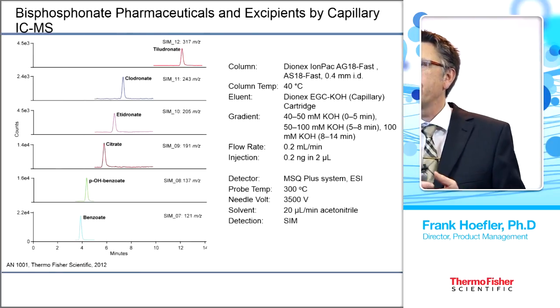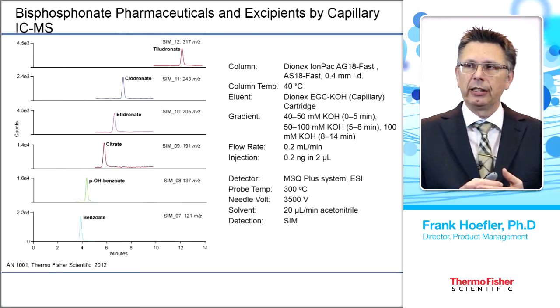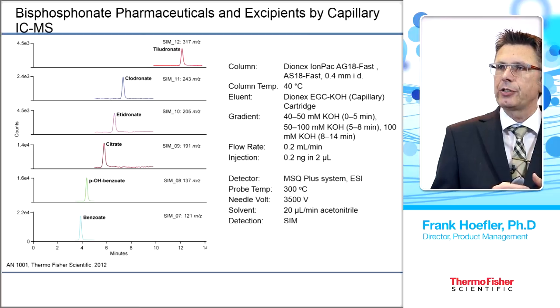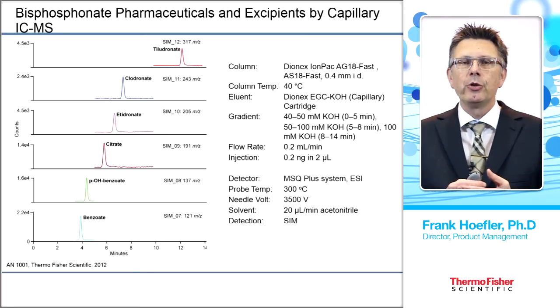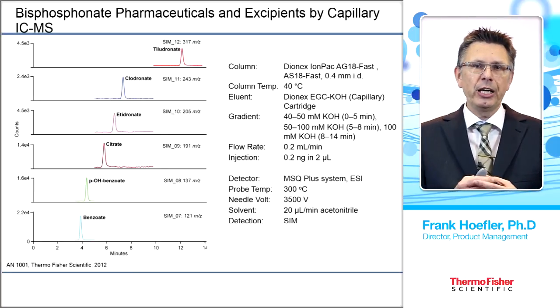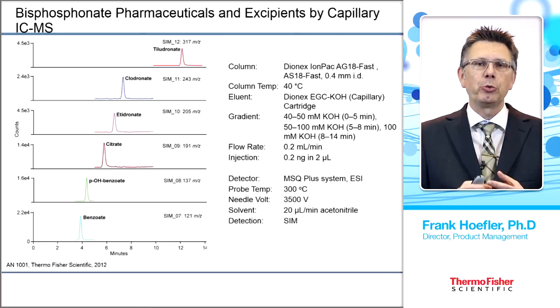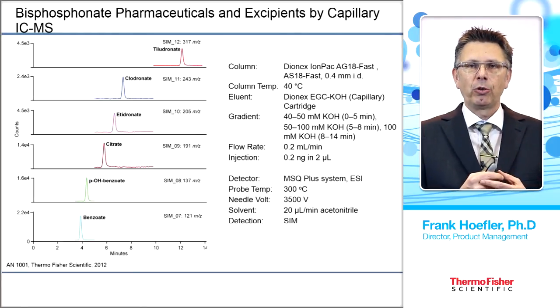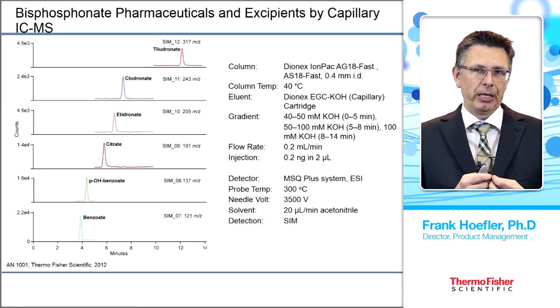Moving on to the next example, pharmaceutical analysis, and we are showing here an example of bisphosphonate analysis and excipients using capillary ion chromatography. Electrospray ionization is a technique which works best at low flow rates. So in all the examples we had shown previously, we used 2 millimeter columns with flow rates of typically 1/4 ml per minute.